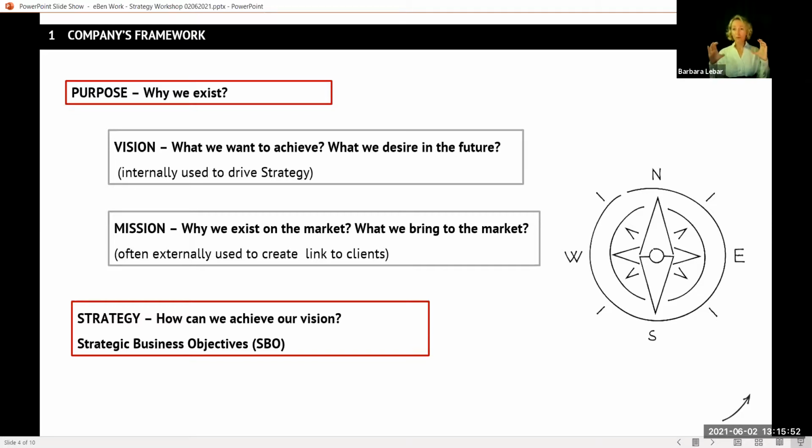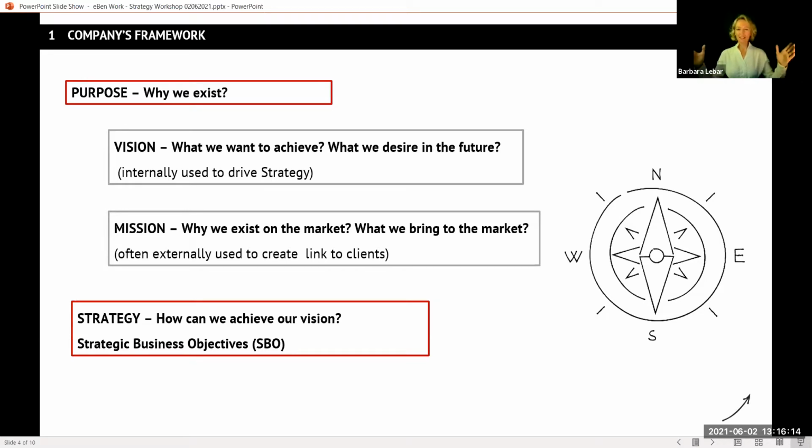Whenever we formulate the strategy, we saw that the vision and the mission, it's a statement. It's like Mariam, you mentioned before, it's a statement, a sentence, what is actually our purpose, why we exist. When we speak about the strategy, it's not so easy anymore.